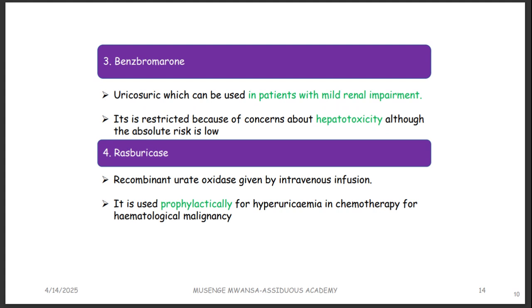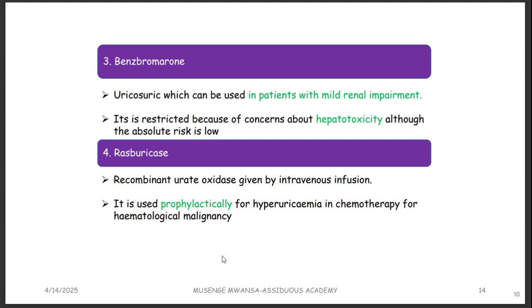Rasburicase is a recombinant urate oxidase given by IV infusion, and it is used prophylactically for hyperuricemia in chemotherapy for hematological malignancy. So if you are treating someone that has got a cancer of the blood using chemotherapy, and they have got hyperuricemia, you can give this rasburicase, and it is given prophylactically.